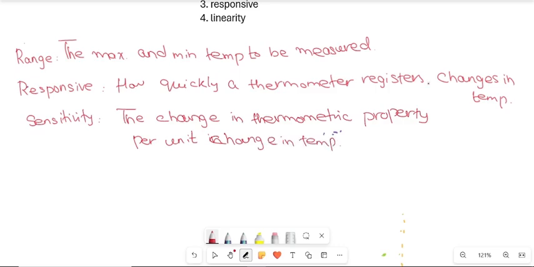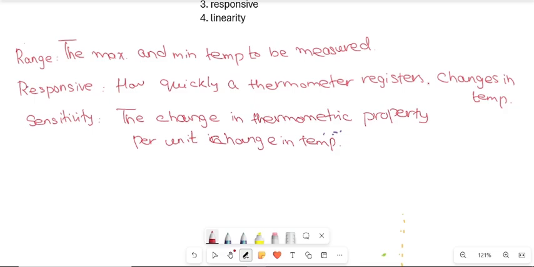So yes, when you first hear the word sensitivity, it seems similar to responsive, how sensitive it is to the outside, but no. Responsive is related to the thermometer, how quickly it registers changes in temperature, and sensitivity is related to how quickly the thermometric property changes with temperature, right?